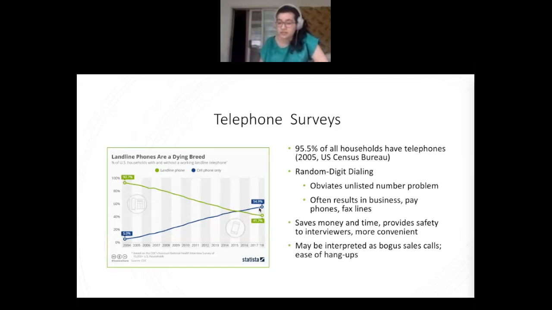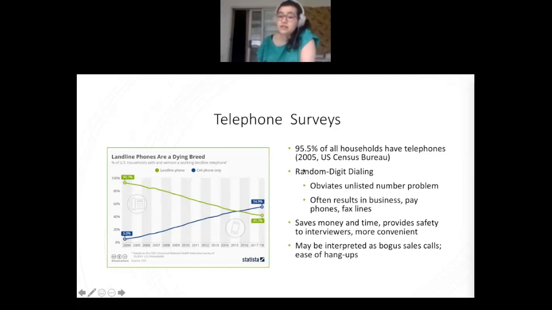We're not dependent on housing for people to have access to cell phones. People can have more transitory housing and still have a cell phone, right? Landline phones are now in the minority, and a lot of people only have cell phones now.